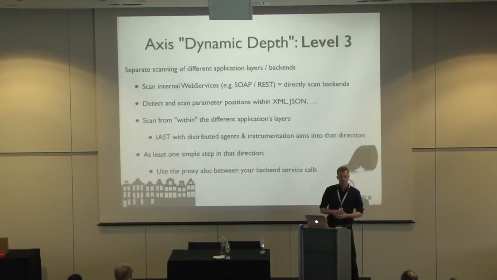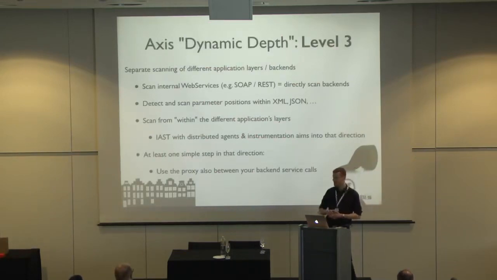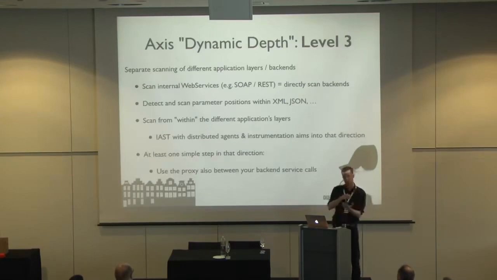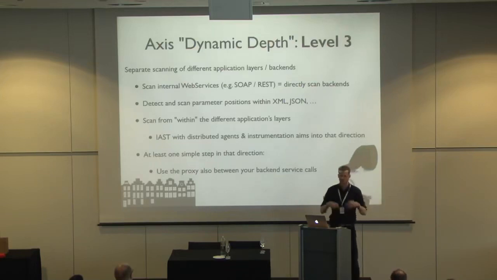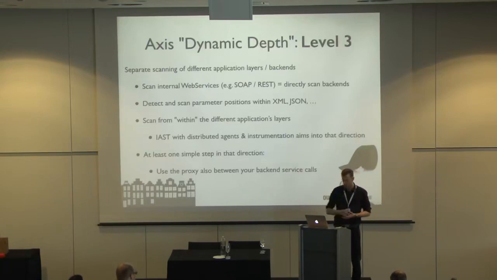Okay, green belt, level 3 of the dynamic depth access. So this basically is a separate scanning of different layers of the application. So here the idea is not to only scan the public or the authenticated web UI, but also when you're having a service-oriented application or a microservice-based backend, then your web application obviously triggers, most of the times, some kind of backend calls, being it SOAP calls or being it REST calls or whatsoever.